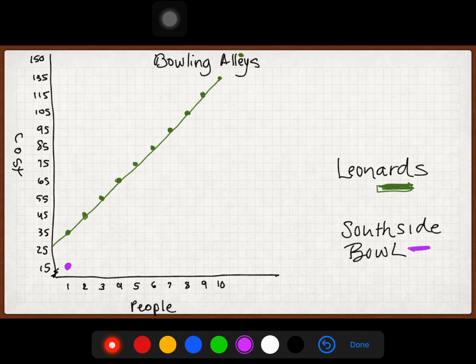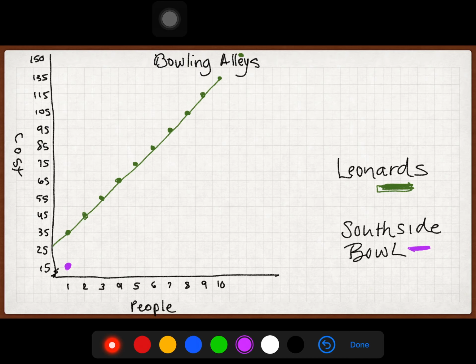I did 1. So now I have this set up to be Leonard's Lanes is in green, and I did that just to save some time. And the Southside Bowl, 1 is 15, 2 is 30, 3 is 45, 4 is 60, which is right here, 5 is 75, 6 people was 90.